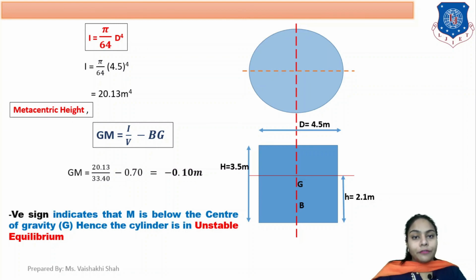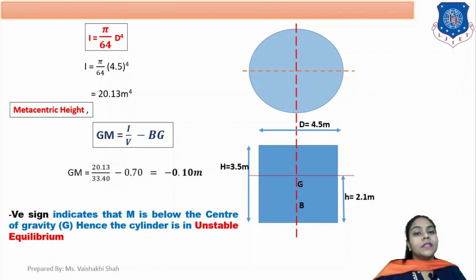So using this equation, you can find the volume, and your answer is 33.40. Now, your overall answer for GM is negative here, that is minus 0.1.